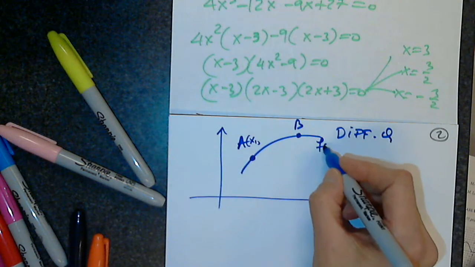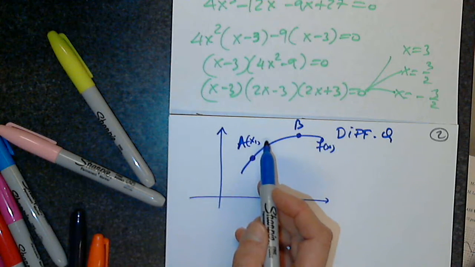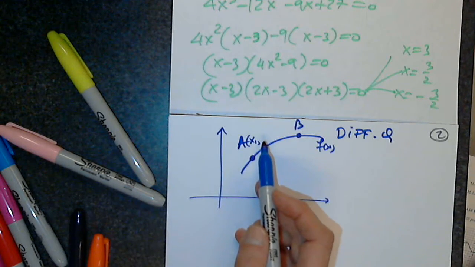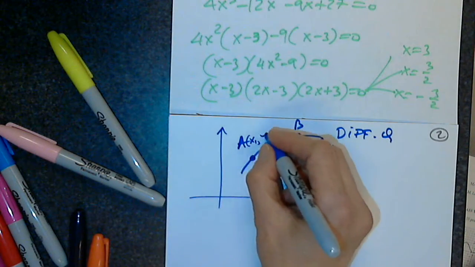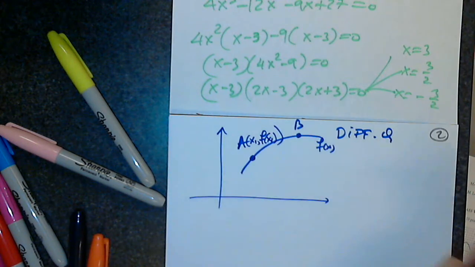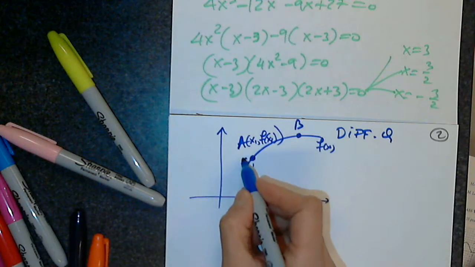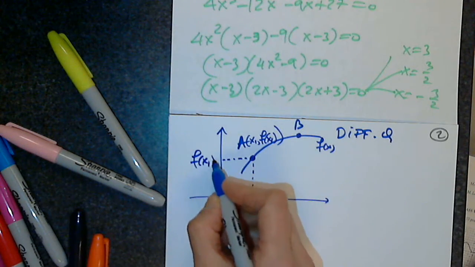This is the function f of x. If the coordinate of A is x1, what will be the y coordinate of A? Exactly, f of x1. Very good.